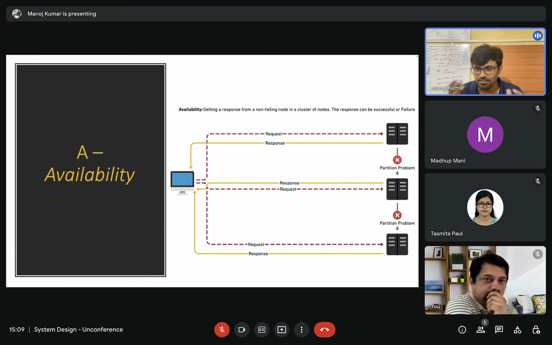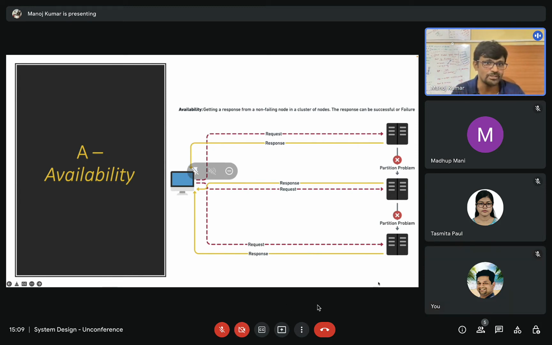So that is the availability of a node. Even in a cluster, within the nodes they're not able to speak, but this node is up and running and you're able to get a response, then we call it available.